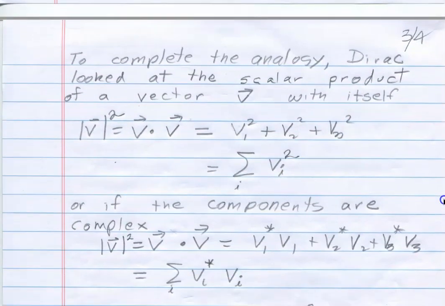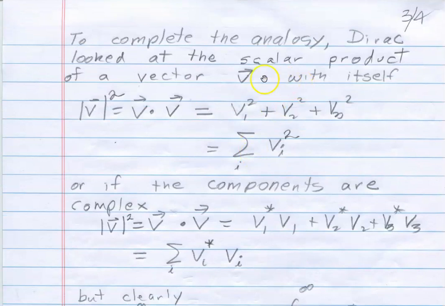Well, to complete the analogy, Dirac looked at the scalar product of a vector with itself. If I take the magnitude of the velocity vector v squared, it's simply v dot v, where v dot v is the scalar product. And we know how to compute that. That's just the sum of the squares of its components. We could extend that.